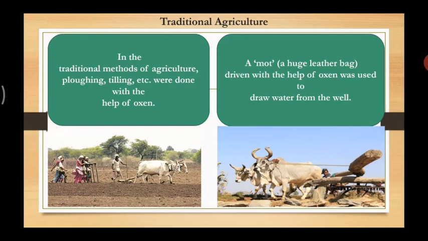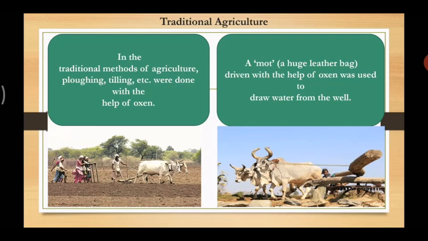Let's move forward. Now, there are different ways in which agriculture is carried out. The first is the traditional way of agriculture. In the traditional methods of agriculture, plowing, tilling, etc., are done with the help of oxen.